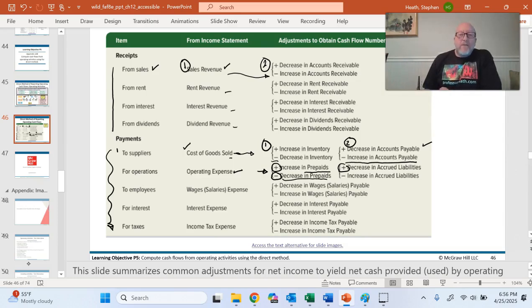An increase in accrued liability is a source of cash, right? So we are going to lower this expense. And then salaries payable, wages, interest, and income taxes are all relatively straightforward. And that, my friends, is financial accounting.